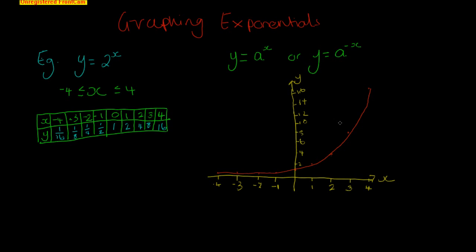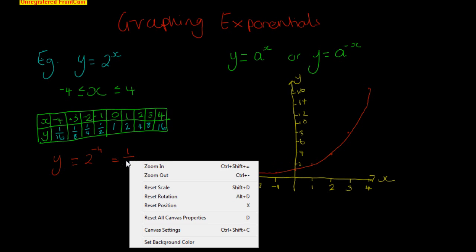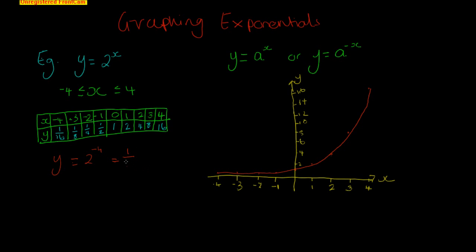So just to make that a bit clearer for everyone, if you want to see how you do it manually, I know I've just said sub it in, but what it actually looks like is y equals 2 to the power of -4, okay, which equals 1/16.